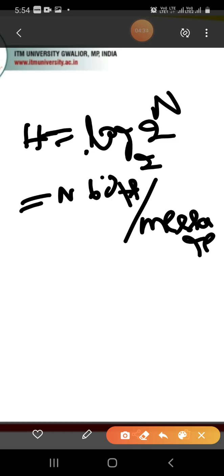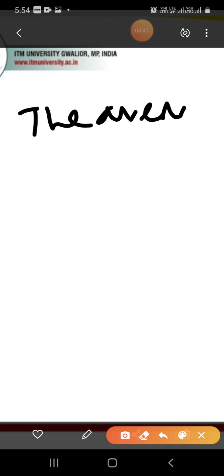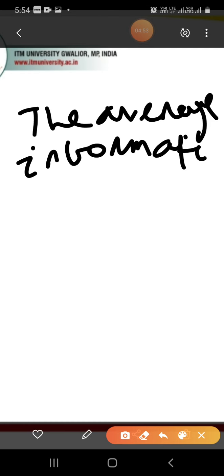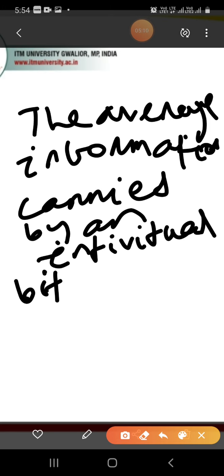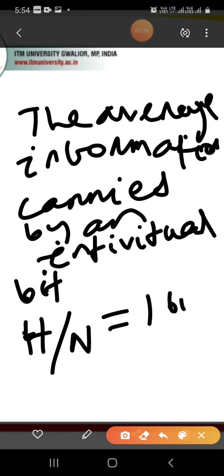As the number of bits per message is also n, the average information carried by an individual bit will be H by n, which will be 1 bit.